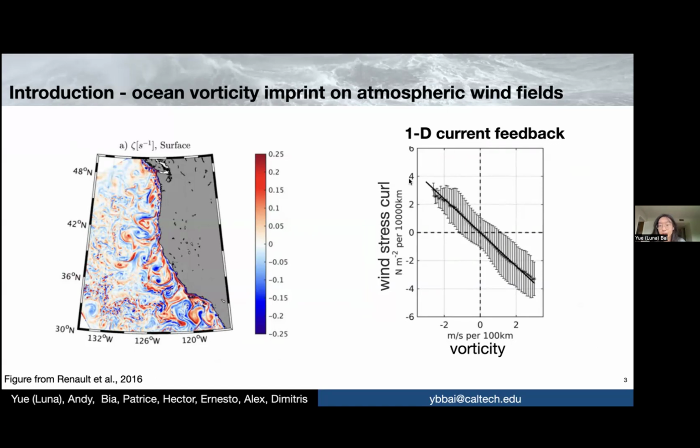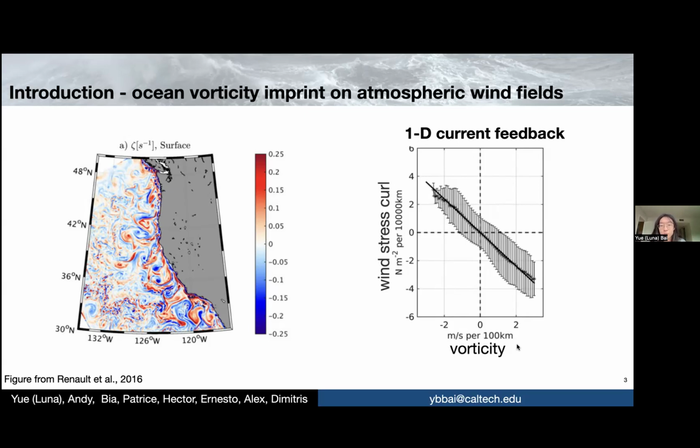And if we do a 1D current feedback analysis with vorticity bins on the x-axis and mean values of wind stress curl on the y-axis, we can see that these two are also highly correlated, but now they're correlated in a negative sense.